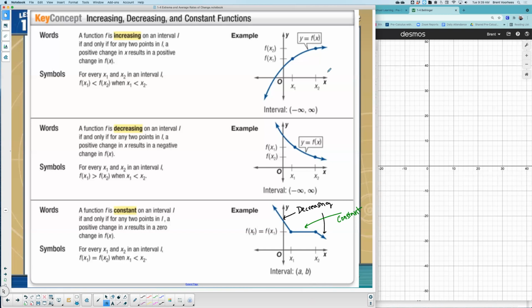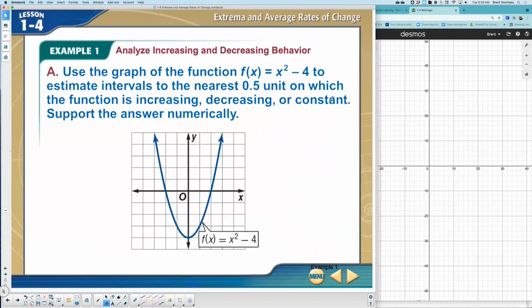We will get to extremas on example 2, but first, example 1 here. Looking at this graph, it says use the graph of this function to state the intervals on which it's increasing, decreasing, or constant. With this word intervals, intervals are always x values, never y's. So I want you to note intervals are x values.